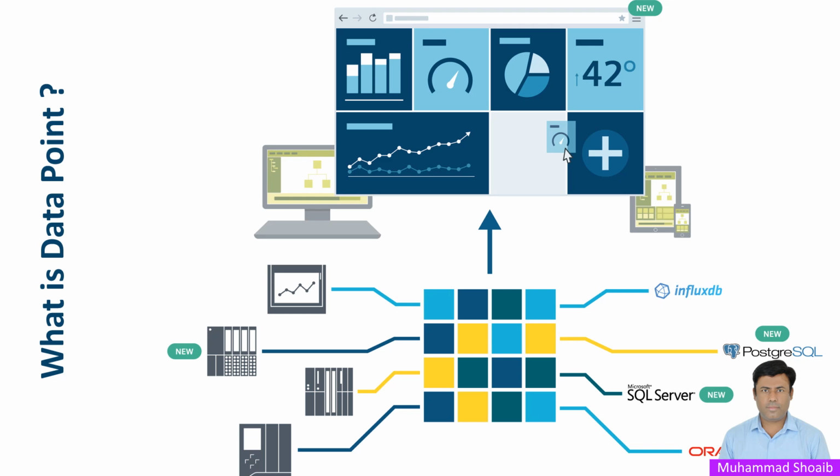Today, in this video, we will cover one of the most important concepts in WinCC OA. What is a data point? In many SCADA systems, devices are modeled using a flat IO list. That means each process variable, like start command, speed, or alarm, is mapped as a separate tag.